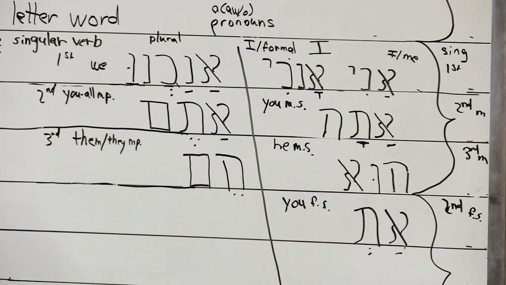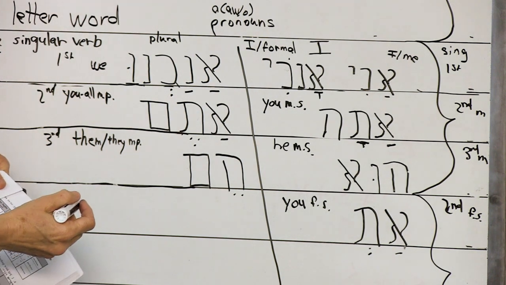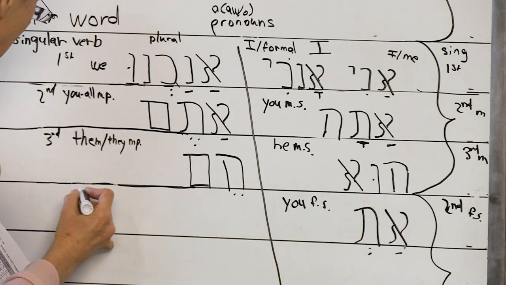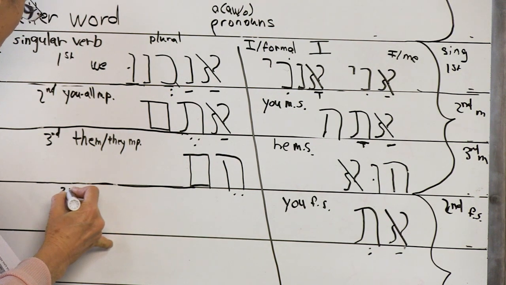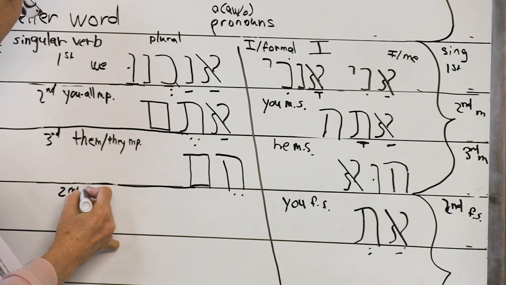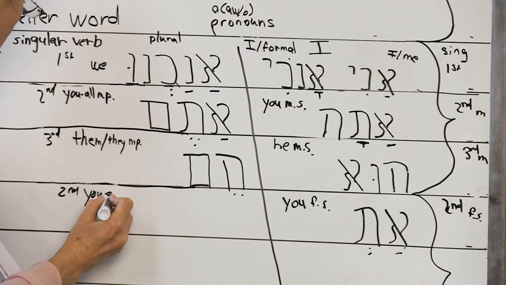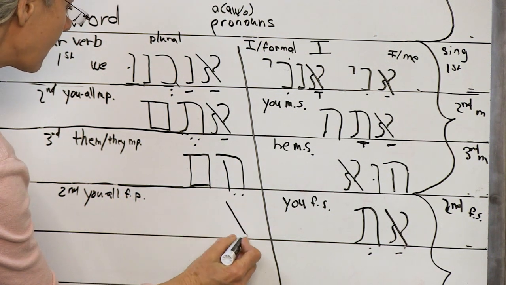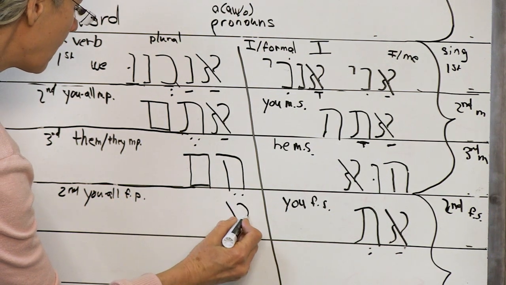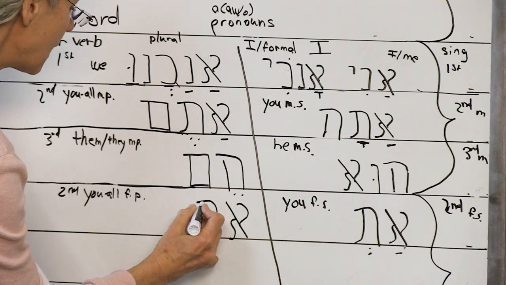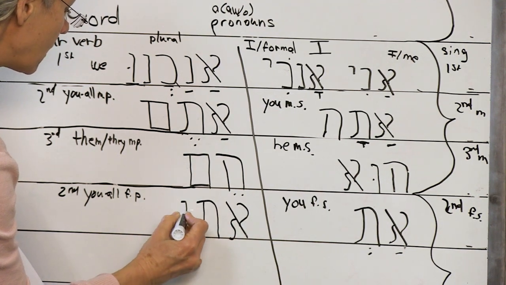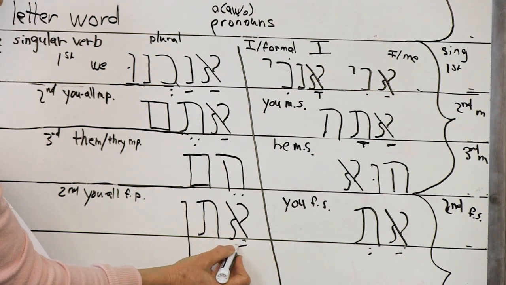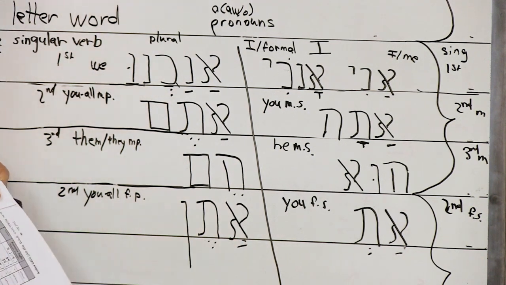You, feminine singular. Right. Okay? Then you, feminine. So it's second person. You all, feminine plural, is aten, with the nun sofit, okay?